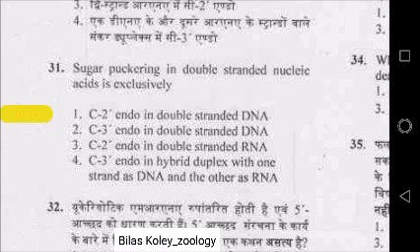Now we will discuss question number 31. Sugar puckering in double stranded nucleic acid is exclusively, and the options are: C-2' endo in double stranded DNA, C-3' endo in double stranded DNA, C-2' endo in double stranded RNA, C-3' endo in hybrid duplex with one strand as DNA and the other as RNA.